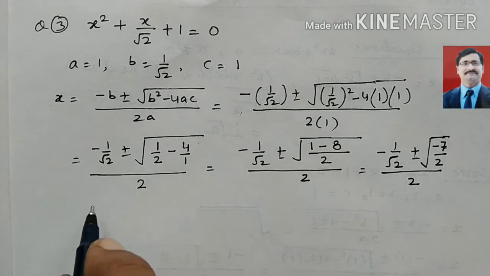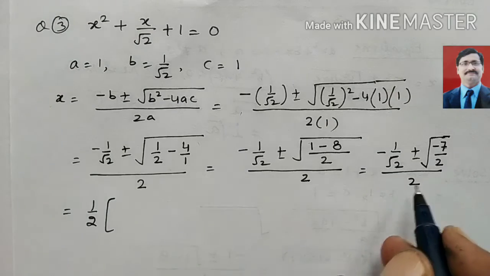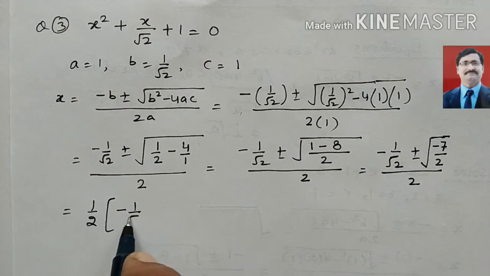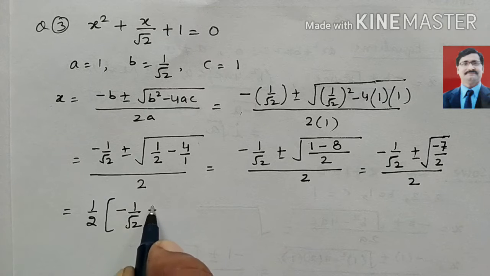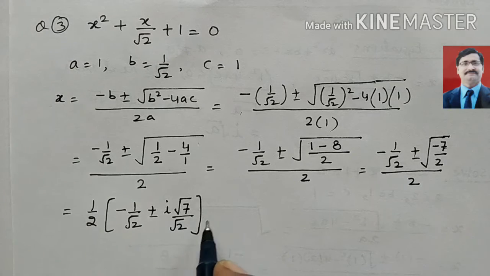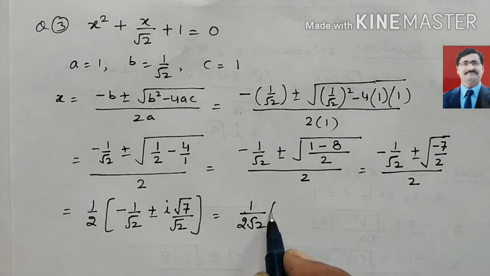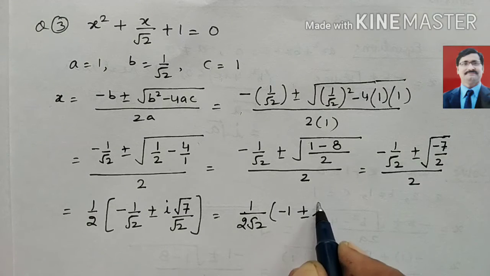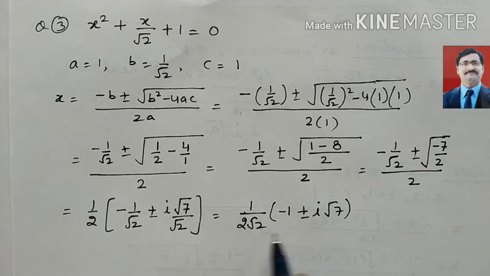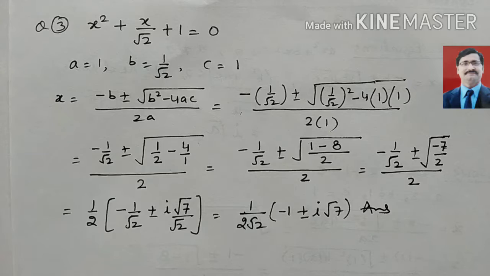You can separate this type: minus 1 upon root 2 and plus minus iota root 7 upon root 2. You can separate this, and this you can write 2 root 2, and minus 1 plus minus iota root 7. This is your solution, this is your answer.